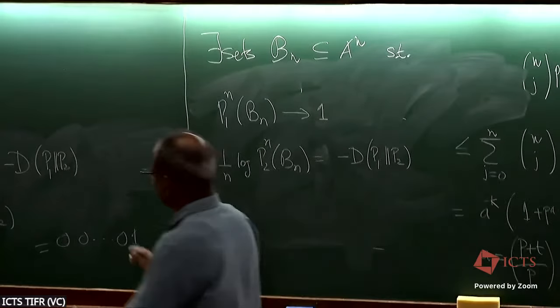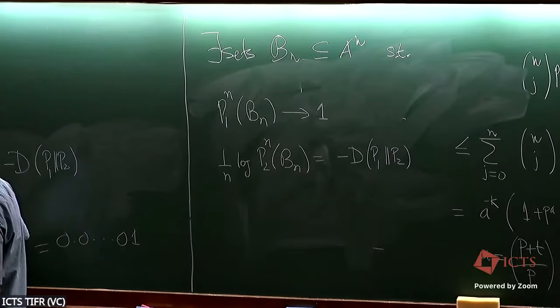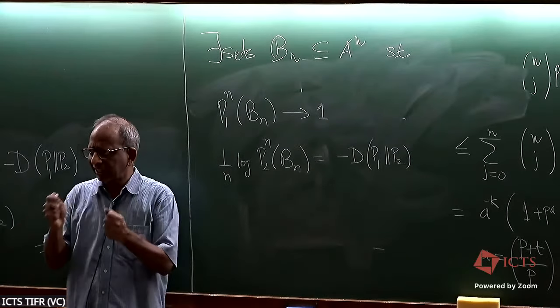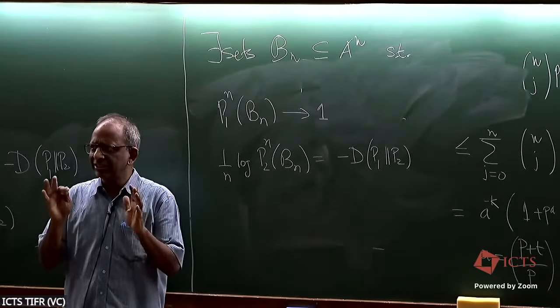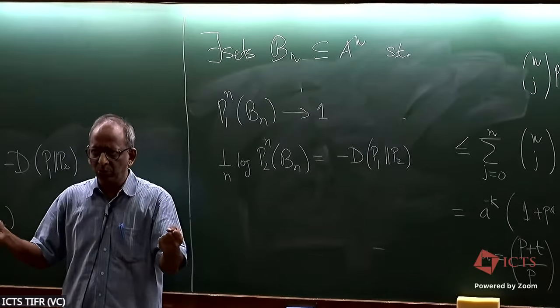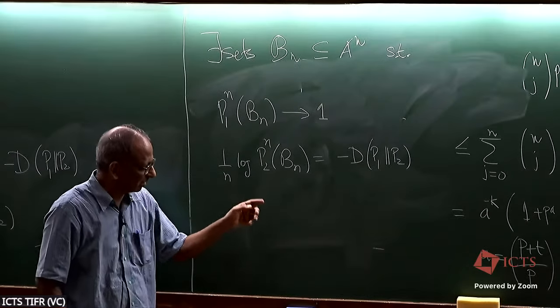So this is a limitation. You cannot do better than this. And this says you can do this well. Okay, so Stein's lemma says the efficiency of hypothesis testing between two distributions P1 and P2, at least for large n, there is this limit.